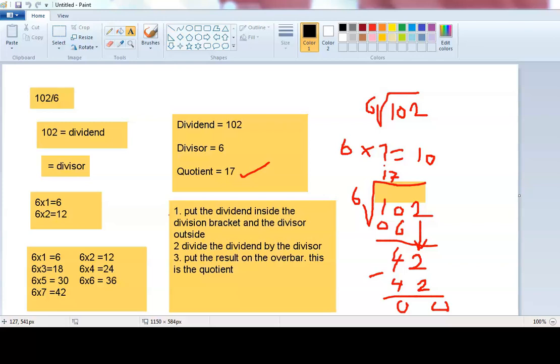So we put 1 here on the overbar. 1 is part of the quotient. Then you multiply the quotient by the divisor. The quotient is 1, the divisor is 6. 1 multiplied by 6 is 6.